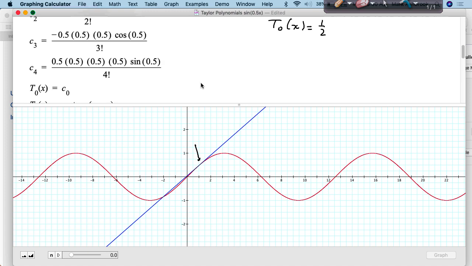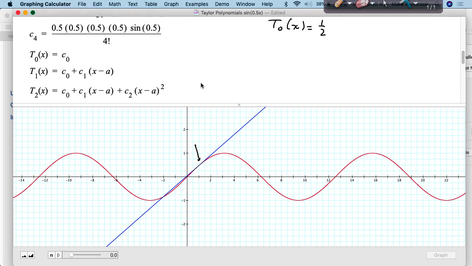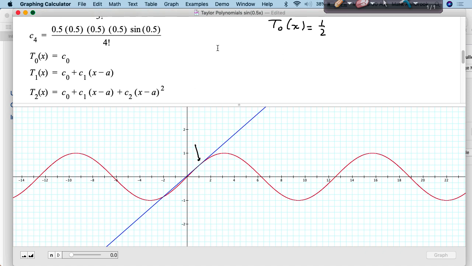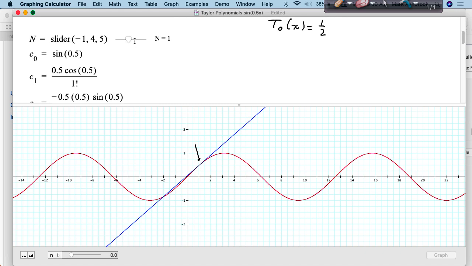All right, what about the second degree polynomial? That's going to get the function value right, and the first derivative right, and the second derivative right. That's the way we forced it. So what does that look like? It's going to be a quadratic that gets the function value right and the first two derivatives right.